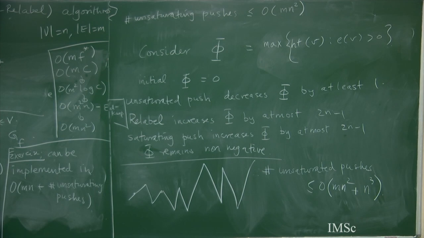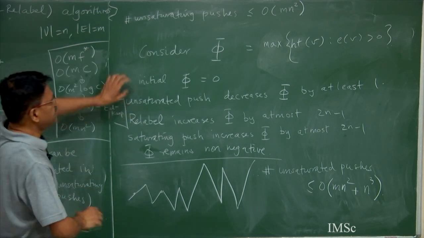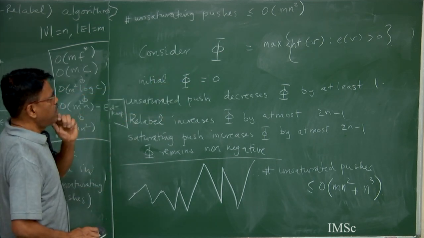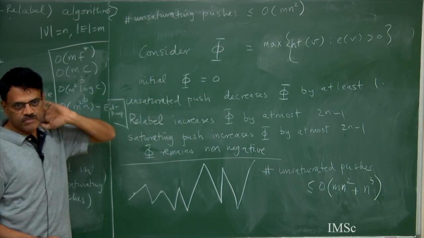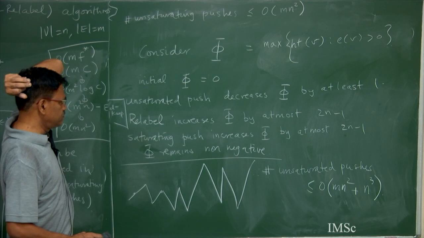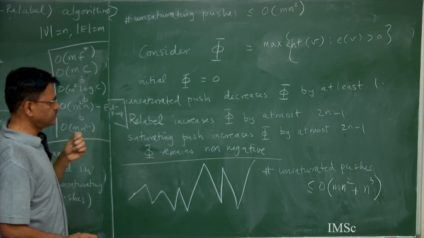And let's see which operation will actually increase phi. So initial phi is 0. Which operation will actually increase this new phi, which is the maximum height, out of these 3 operations?